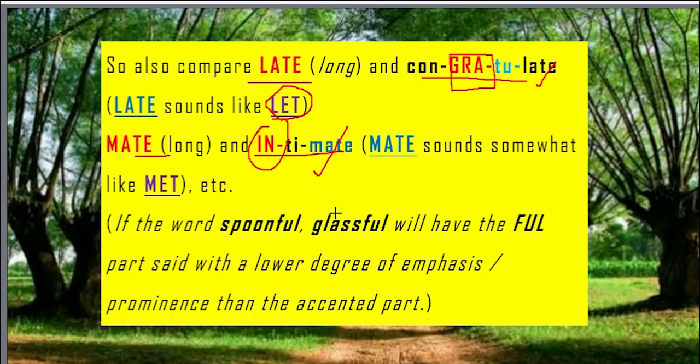Now, words like spoonful, glassful, we say full is receiving a lower degree of emphasis and duration. We don't say spoonful, we say spoonful, glassful. So the full is said with a lower degree of emphasis or prominence.